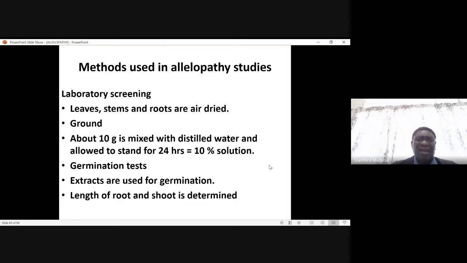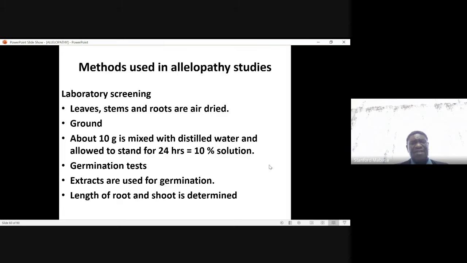Now, in a laboratory, you want to demonstrate allelopathy, or you want to check whether some plants produce allelochemicals. You need to harvest leaves, stems, roots from the plant which is potentially allelopathic. You grind these parts, maybe sieve.